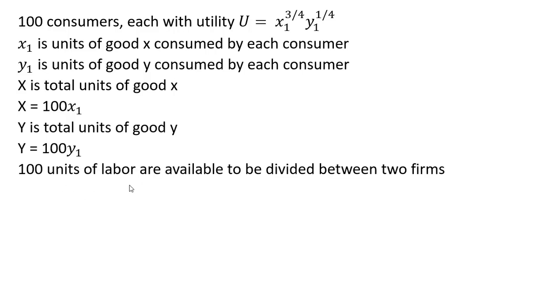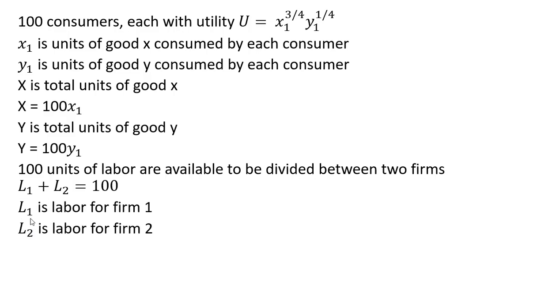There are 100 units of labor. Each consumer has 1 unit of labor, and that is to be divided between 2 firms. So L subscript 1 plus L subscript 2. L subscript 1 is labor used by firm 1. L subscript 2 would be labor used by firm 2. So together, the labor used by the 2 firms must sum to 100.